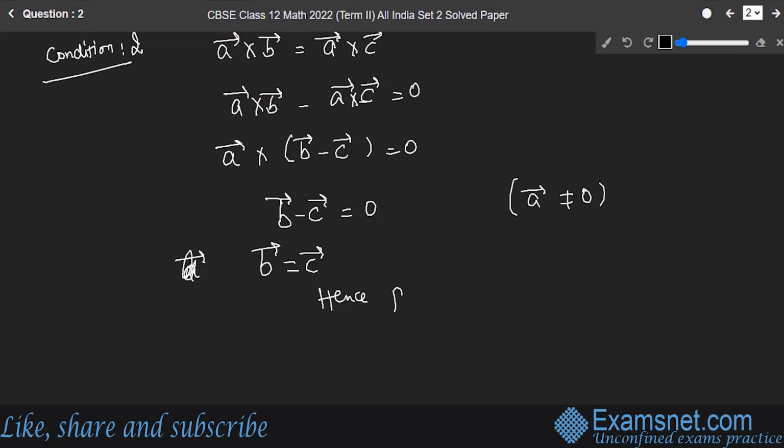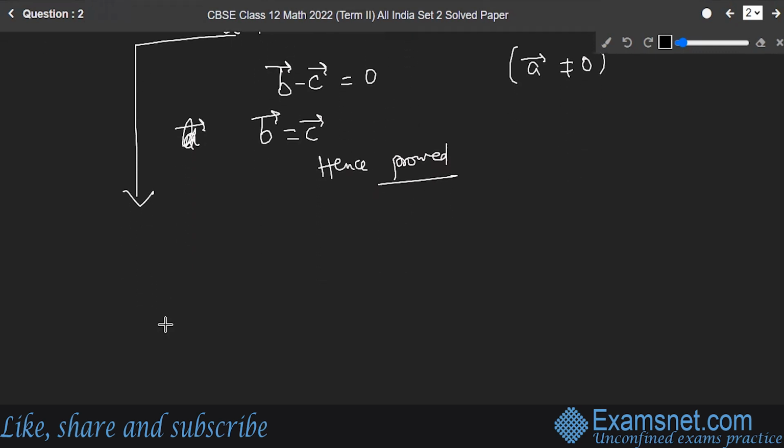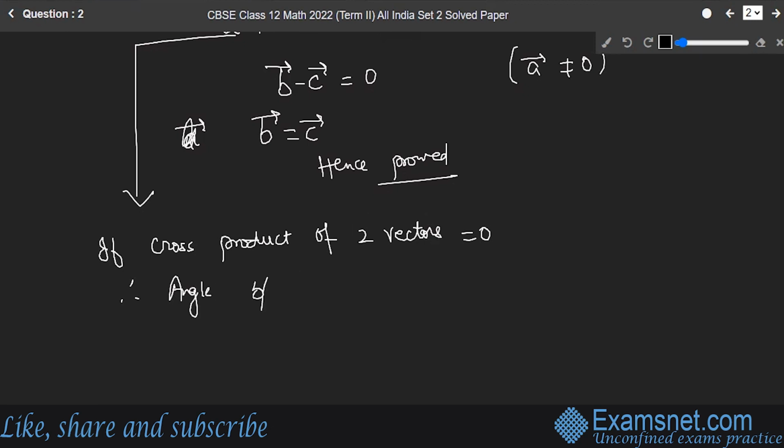This is proved. Now, one more thing. See, if the cross product of two vectors is 0, therefore the angle between them is 0 degrees, right? So what do you mean by A cross B?